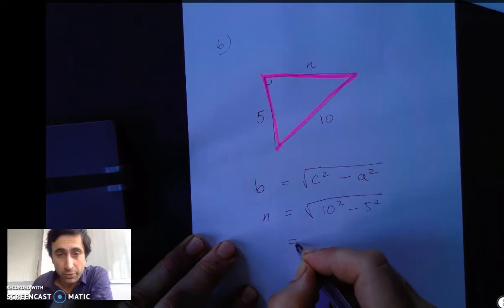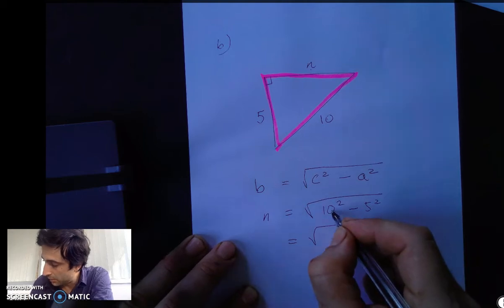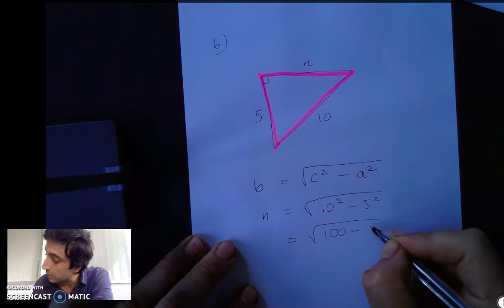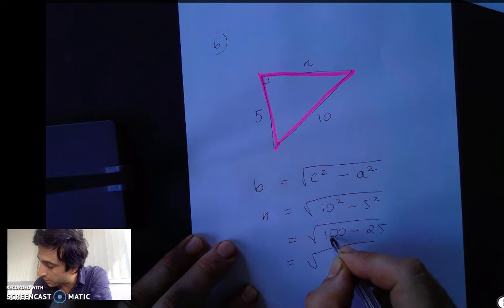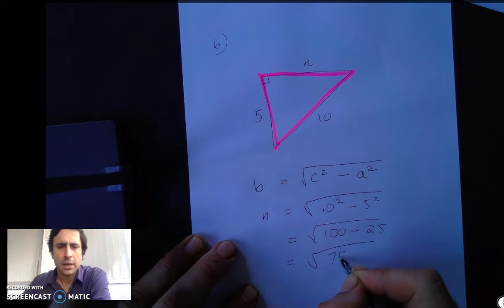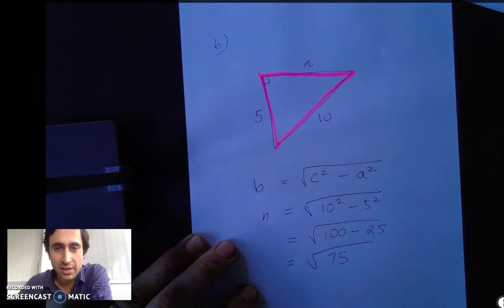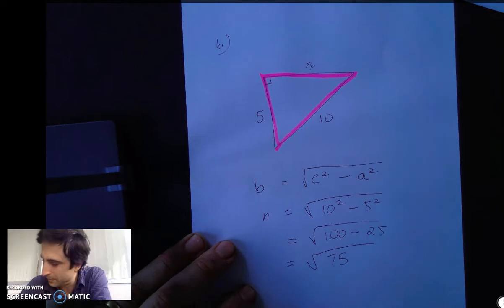Let's simplify that. 10 squared is 100, and 5 squared is 25. And so 100 minus 25 is 75. Now, if you type that into your calculator, you're going to get 8 point something, something, something, and we don't really like that.